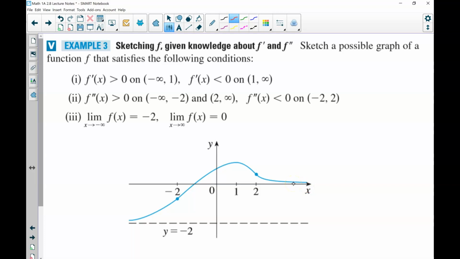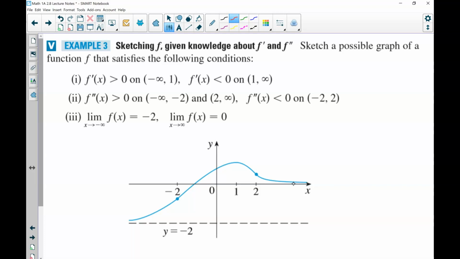Now, condition 2 tells us that f double prime of x is greater than 0 on negative infinity to negative 2 and 2 to infinity. And also, f double prime is less than 0 in between negative 2 and 2. So that tells us that it's concave downward between negative 2 and 2 and concave up on negative infinity to negative 2 and 2 to infinity.